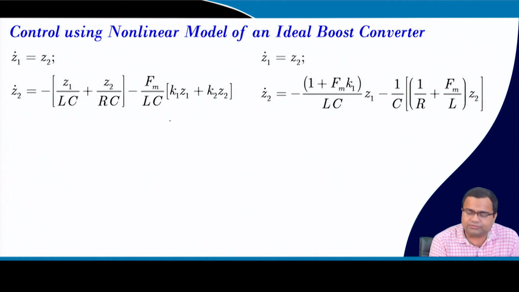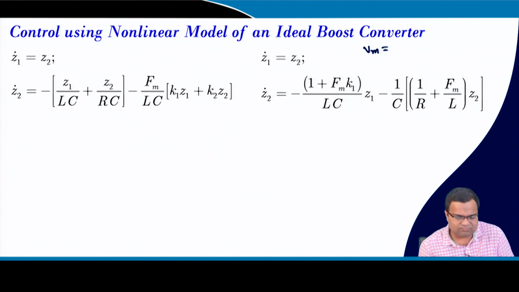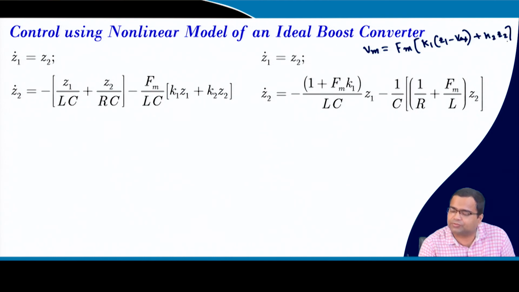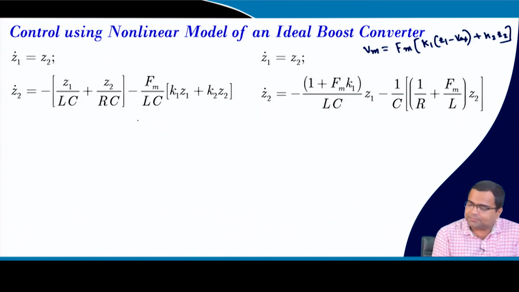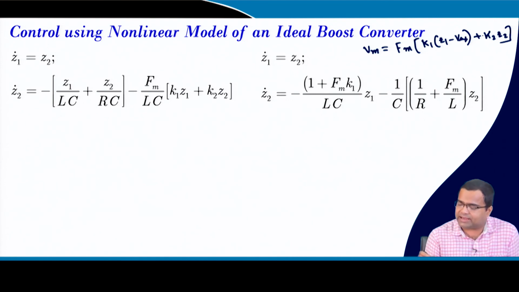So, since we have replaced Vm to be Fm times (K1 (Z1 minus Vref) plus K2 into Z2), there will be an additional term, which should be Fm.